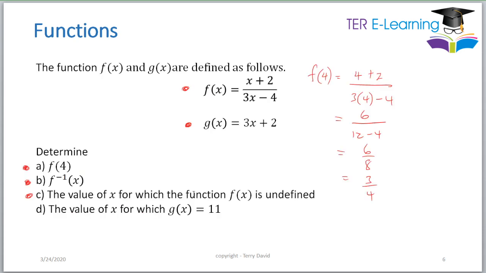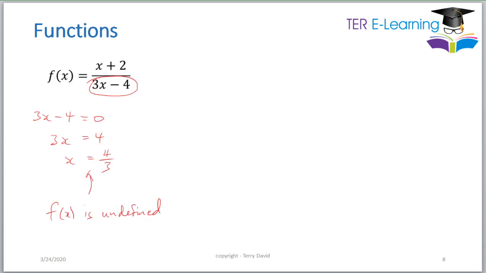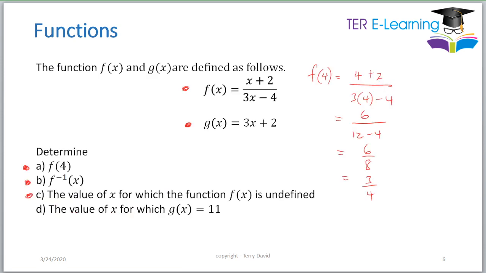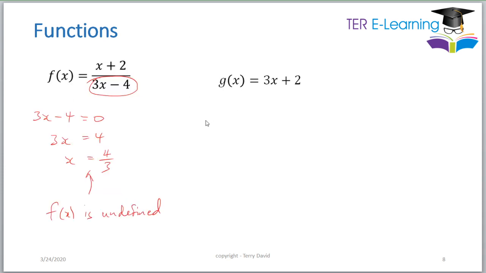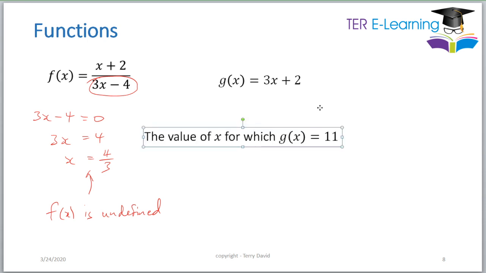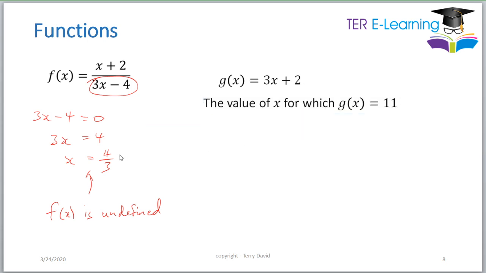And the last part of the question, they want to know, so we have g of x is this, and the question is asking the value of x for which g of x equals 11, right?